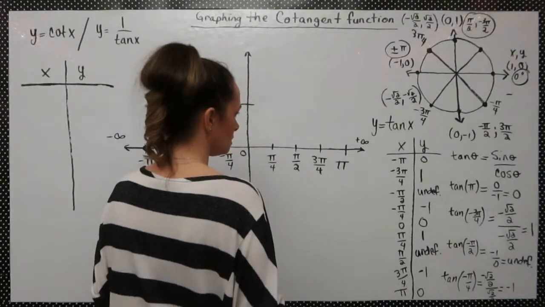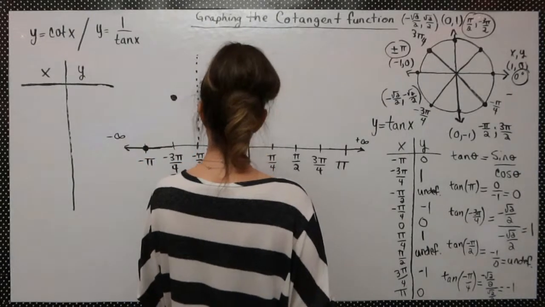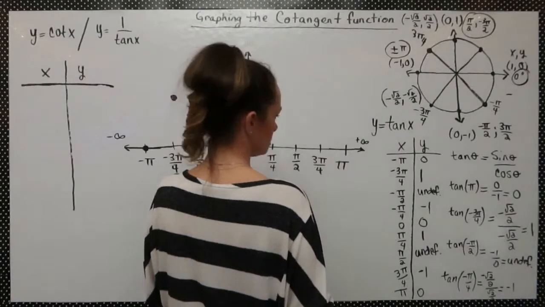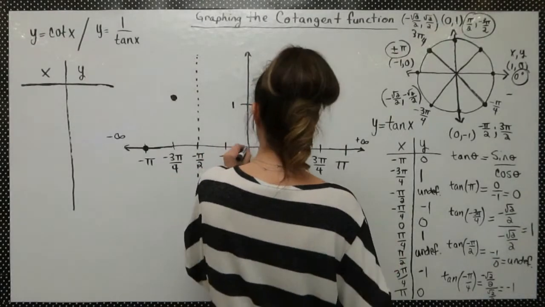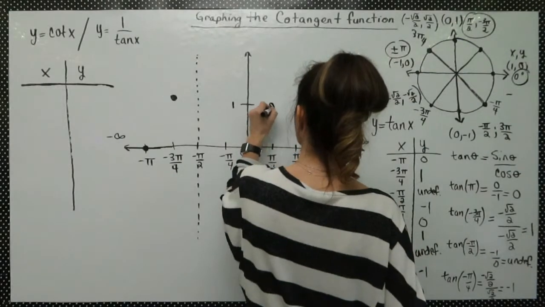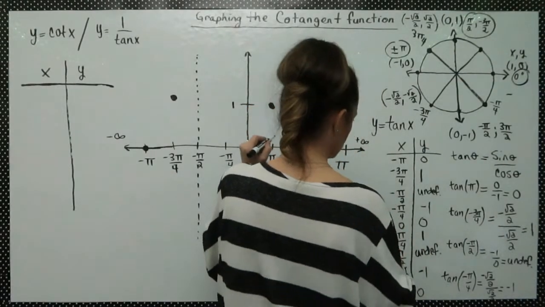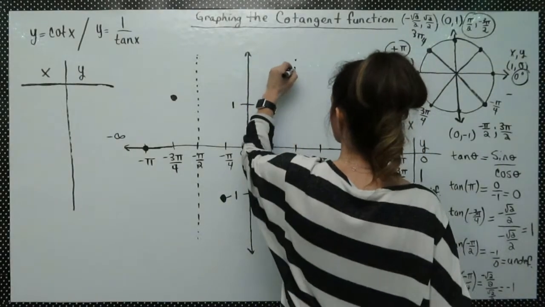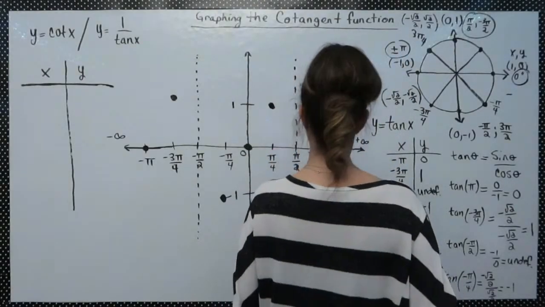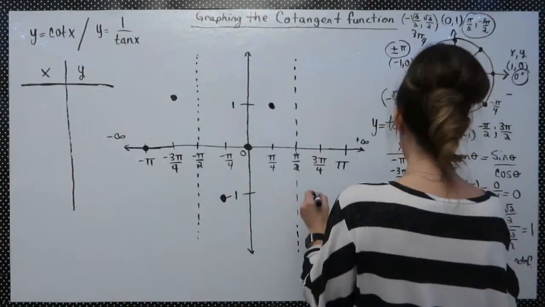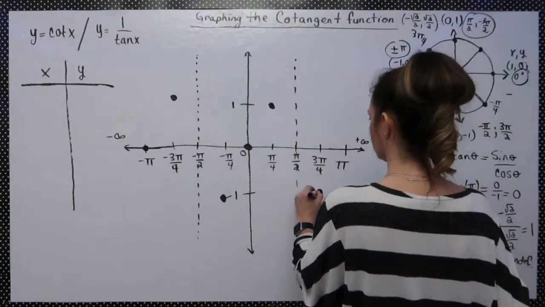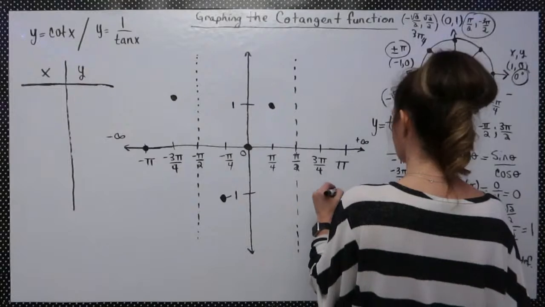And then negative pi over 4, I'm at negative 1. And then 0, I'm at 0. Pi over 4, I'm at 1. And then pi over 2, I'm undefined. And then 3 pi over 4, I'm at negative 1. And then pi back to 0.